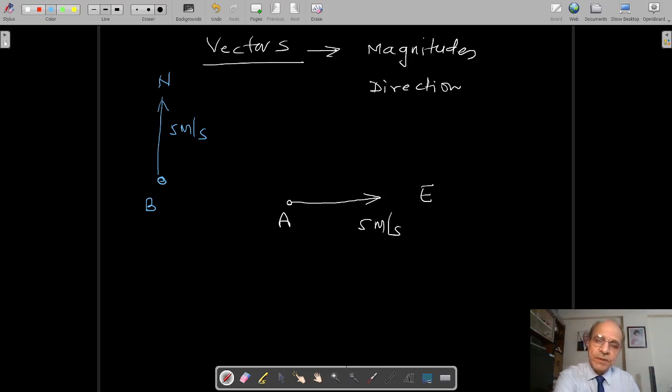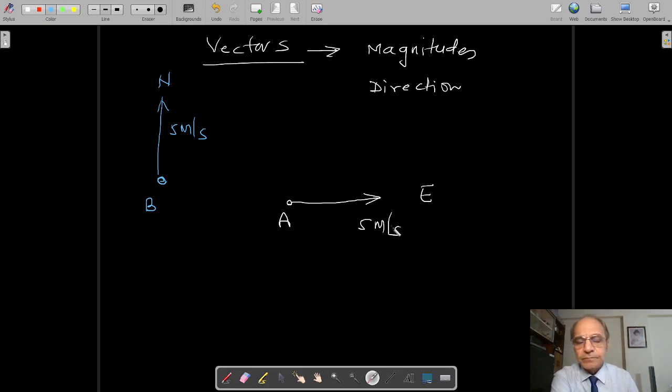So the velocity of A and the velocity of B will not be identical, will not be equal. Both have the same magnitude, but both velocities are different because they are in different directions.